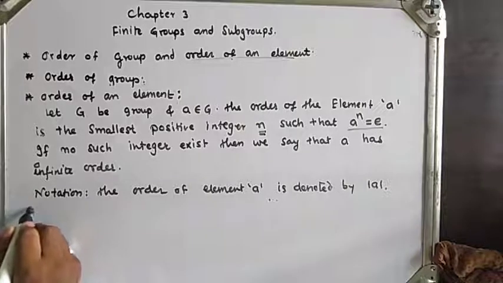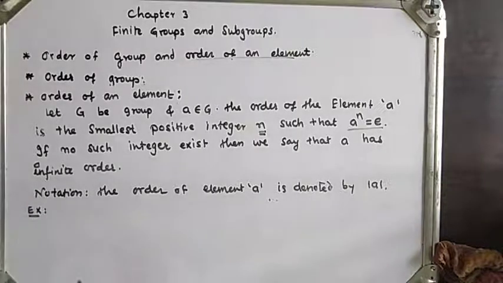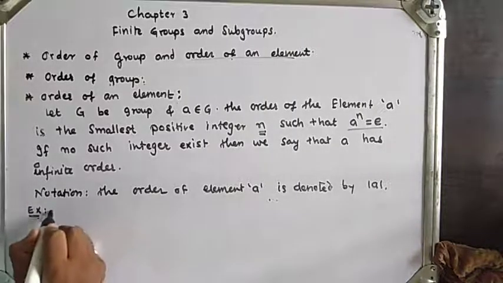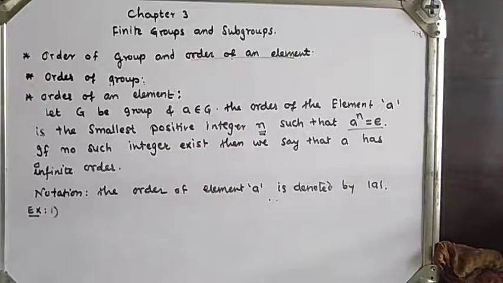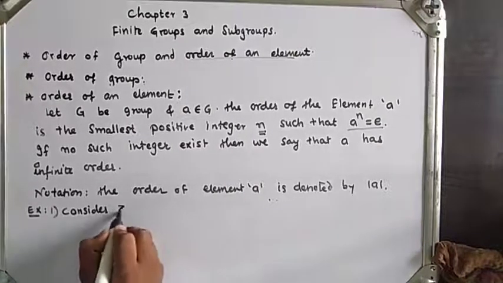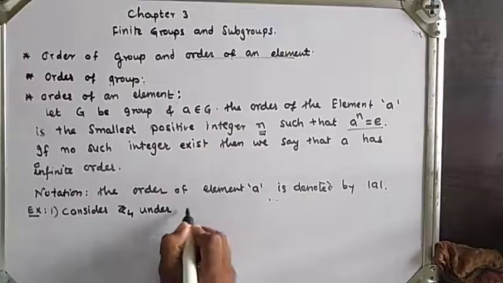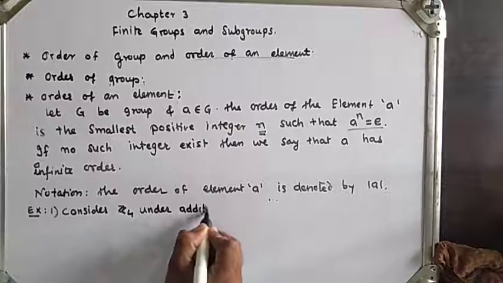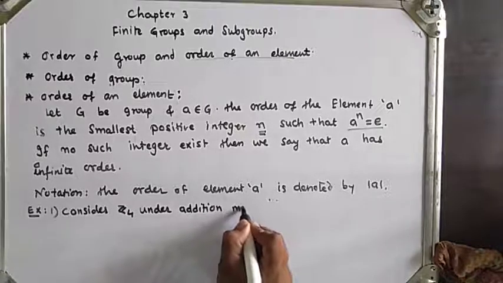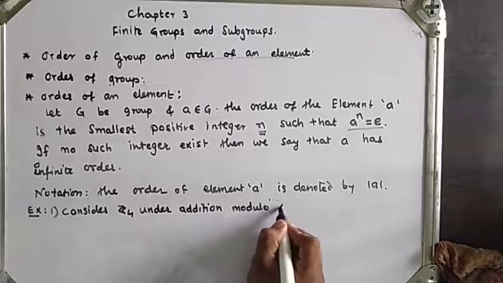We will take an example to find the order of an element. Consider Z4 under addition modulo 4.